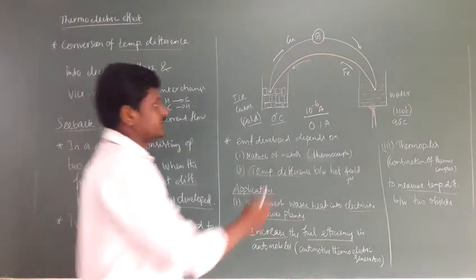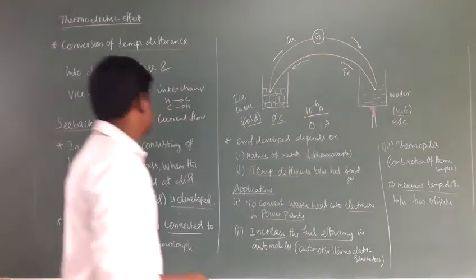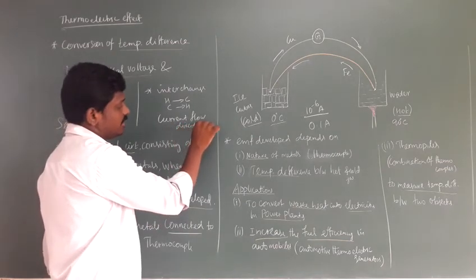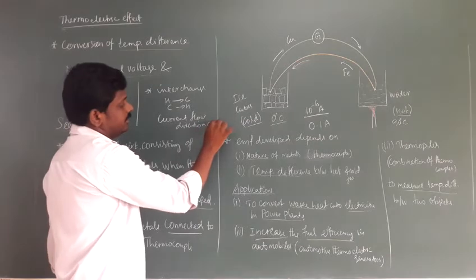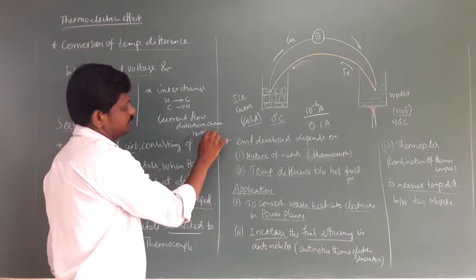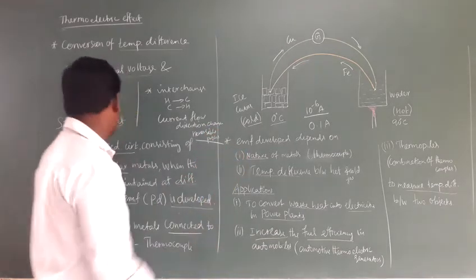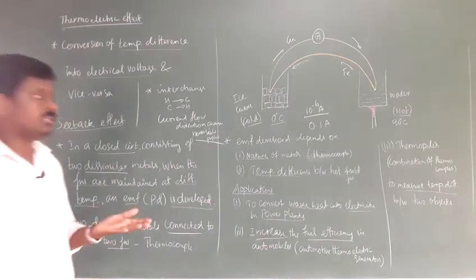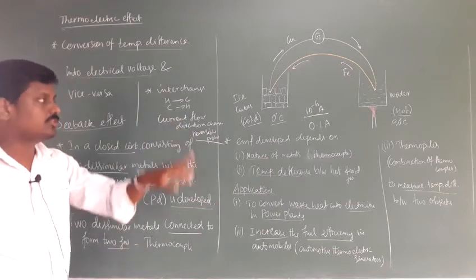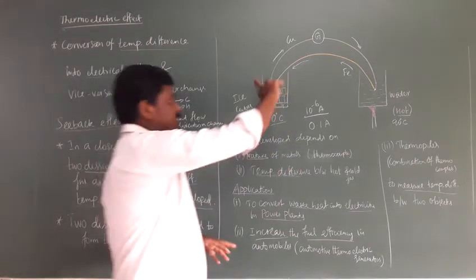If it is reversed, with hot here and cold here, the current flow direction reverses. So it is also called a reversible process. They may ask whether the Seebeck effect is reversible or irreversible. It is reversible. If we change the hot junction to cold and the cold junction to hot, the current flow direction is reversed.